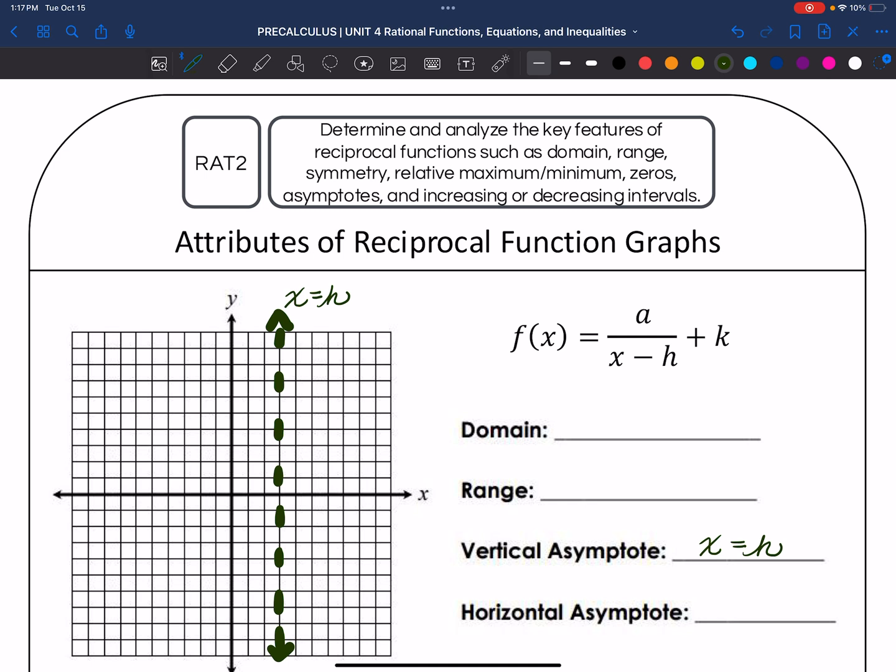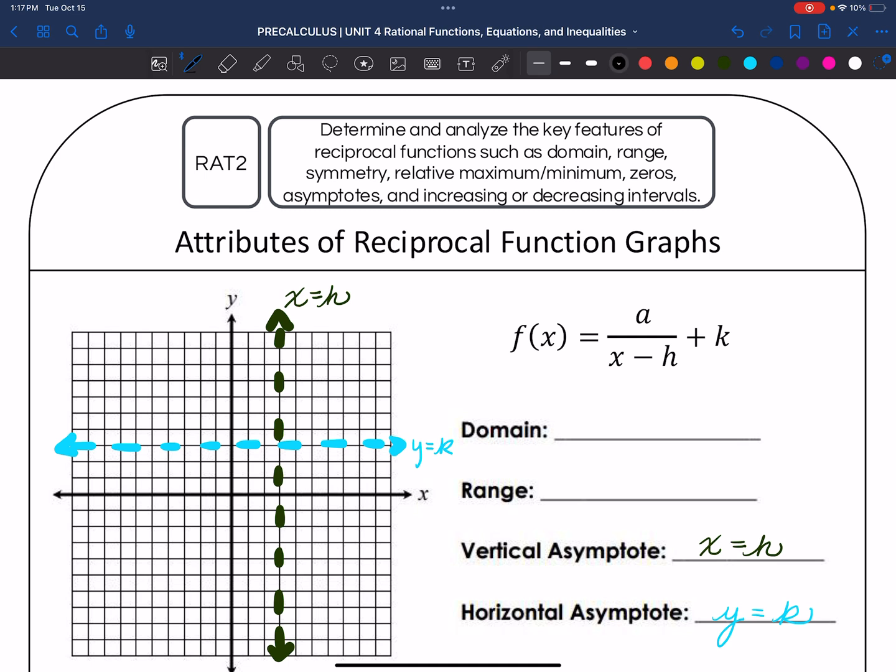Similarly, the horizontal asymptote is always the line y equals k. That k value is maybe something like this, a horizontal line going through your y-axis, and that would be y equals k.